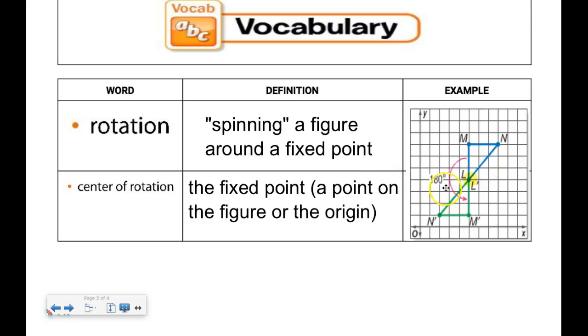Okay. In this particular example here, the picture, the original figure, the pre-image, is this blue triangle. And the rotation is that it is spinning. In this case, it says 180 degrees. So you're going to learn a little bit about the rotation angle, or angle of rotation. We talked about that yesterday in the intro video.